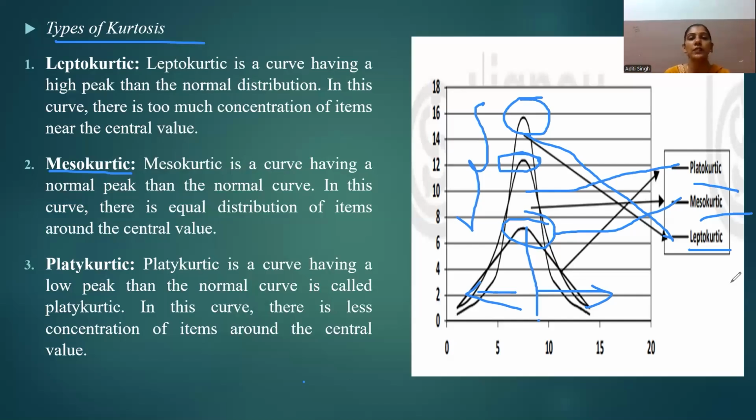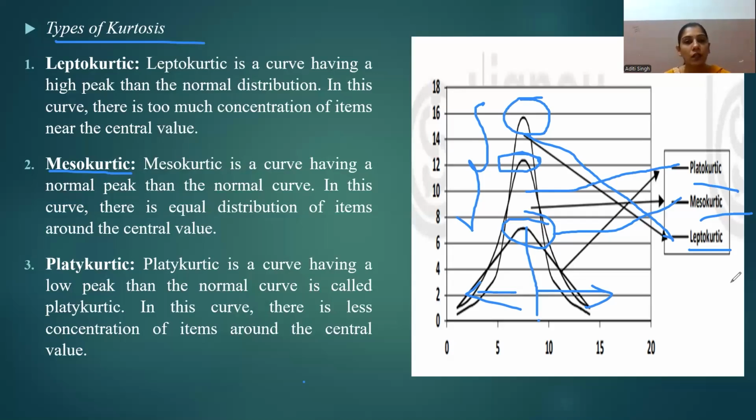Skewness tells the magnitude and direction of asymmetry of the distribution or frequency curve, and kurtosis indicates the concentration of items at the central part of a distribution. Skewness indicates how far the distribution differs from the normal distribution, and kurtosis studies the divergence of the given distribution from the normal distribution.